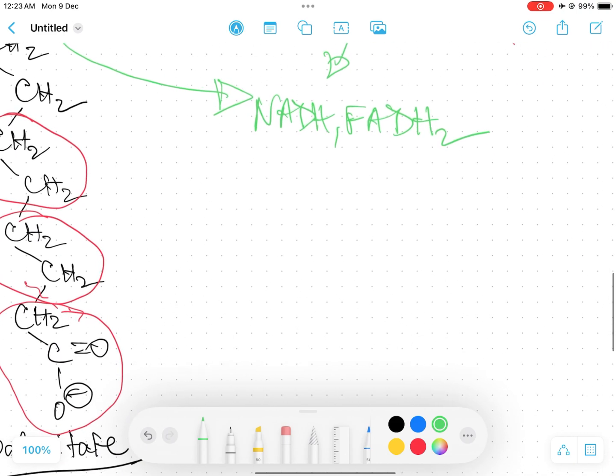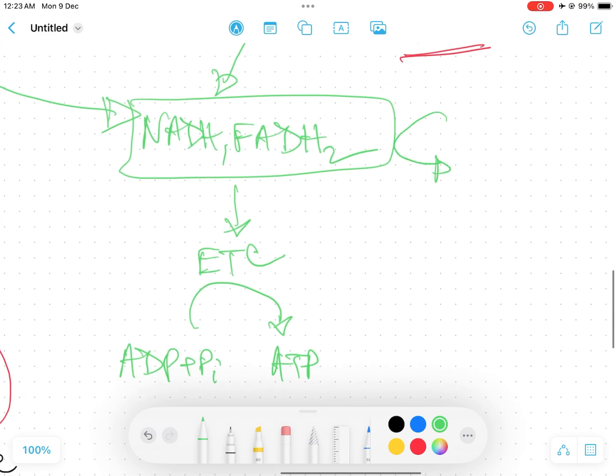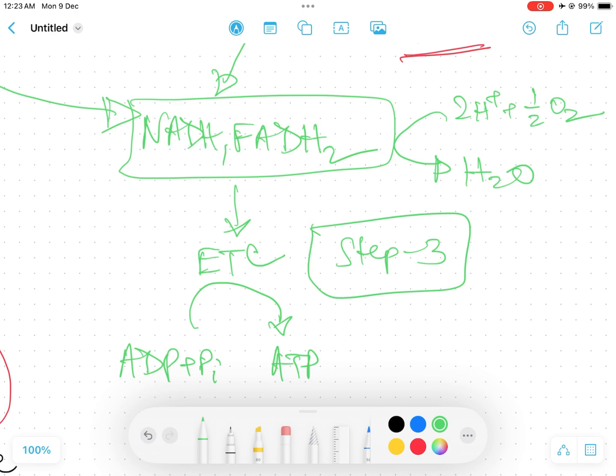So these reducing equivalents you get from both the processes. These reducing equivalents which are formed enter the respiratory chain or the electron transport chain, ETC. As a result, from ADP, ATP formation happens, and from hydrogen, water formation happens. So this is step 3.